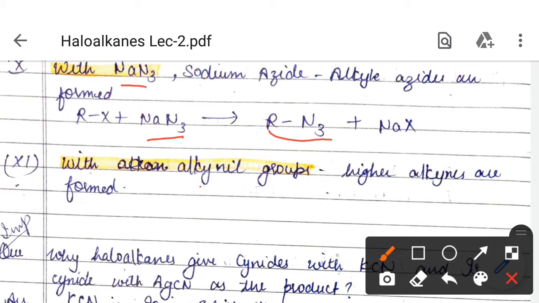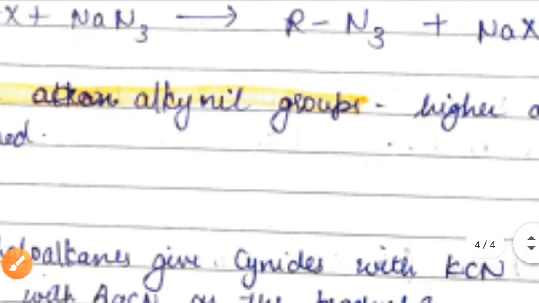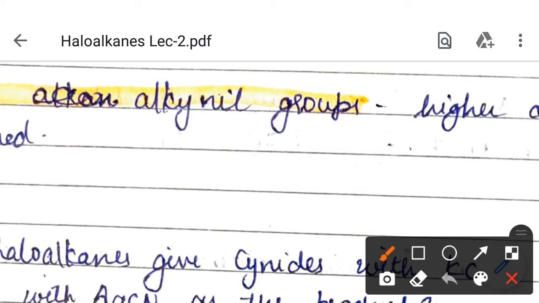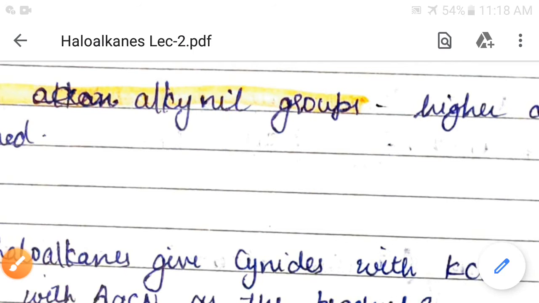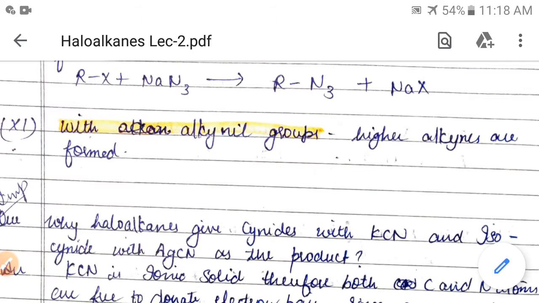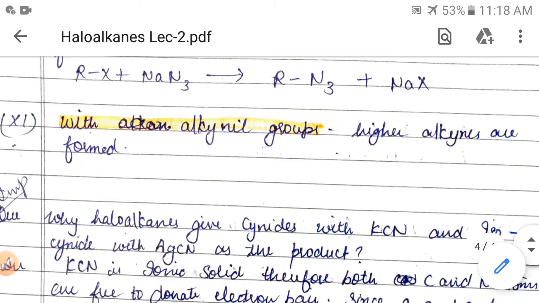And if we treat it with an alkynyl group, we get alkynes. So we have many nucleophiles which can replace the halogen atom. In all these reactions the nucleophile first attacks. So these are the nucleophilic substitution reactions.